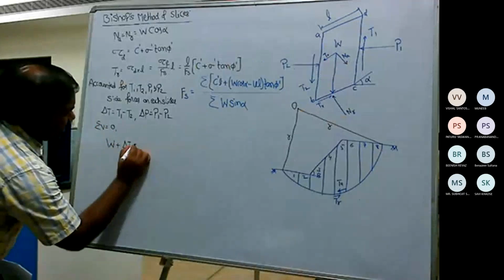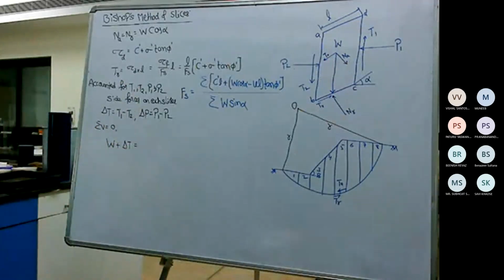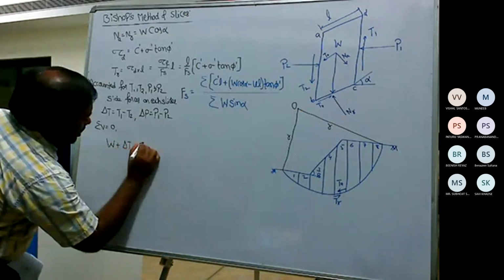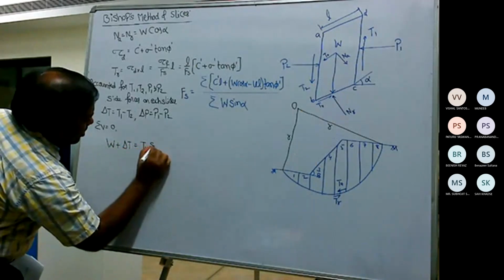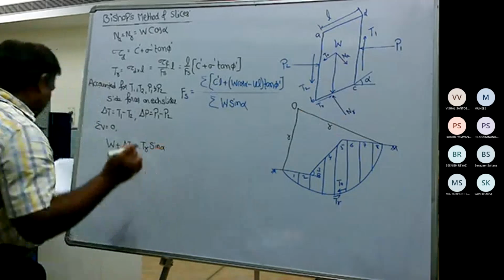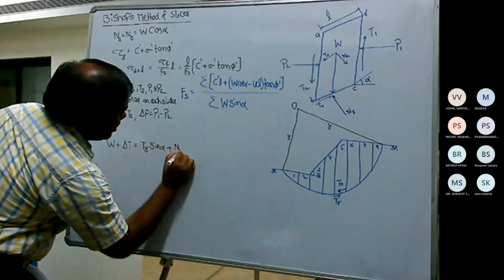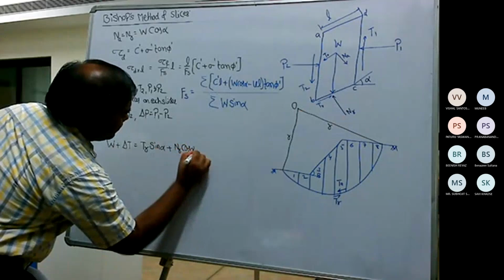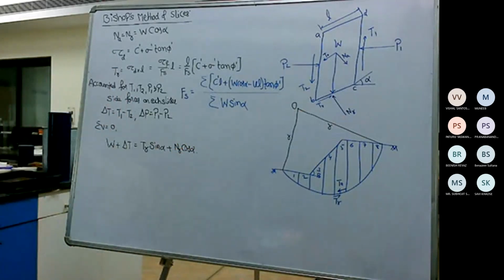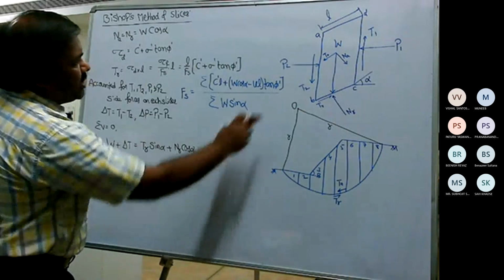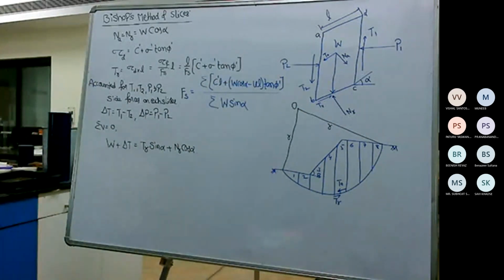W plus delta T is equal to TR sine alpha plus NR cos alpha. Okay, so this is the equilibrium equation by resolving the forces in the vertical direction.